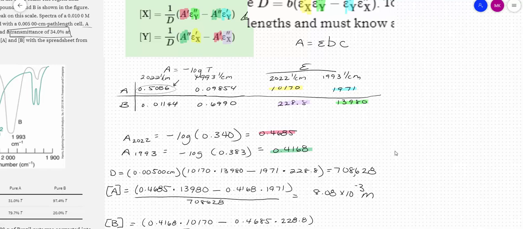Now, when I double checked this, I couldn't get that 0.8 to come across a second time, so that could be a source of my error. Again, it could be rounding versus not rounding in this value here. So for this value, I get 5.83 times 10 to the negative third molar.